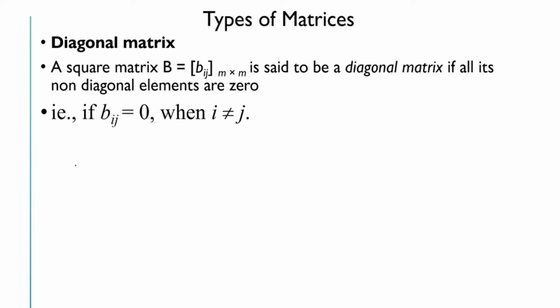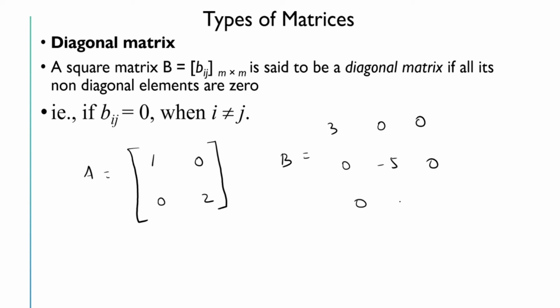Say for example, A is equal to 1, 0, 0, 2. Or B is equal to 3, 0, 0, 0, minus 5, 0, 0, 0, root 7. So, such kind of matrices are called diagonal matrices.